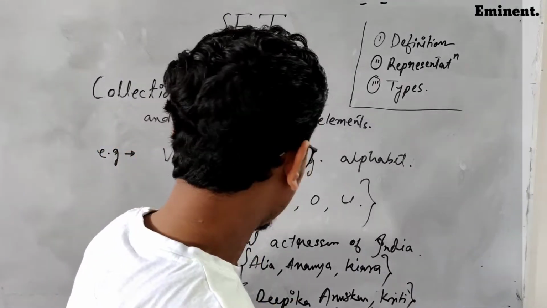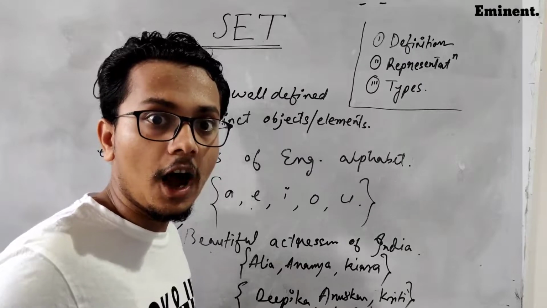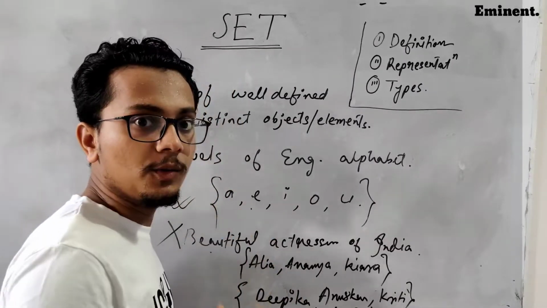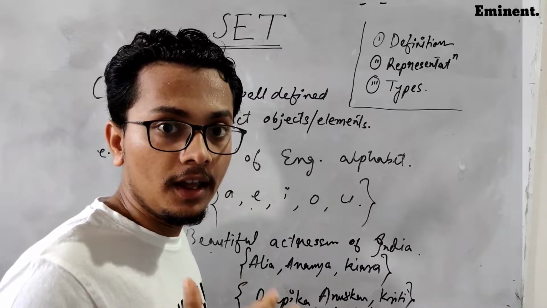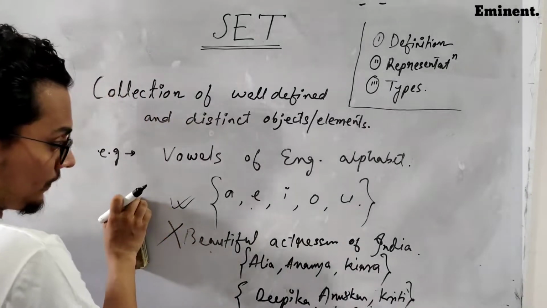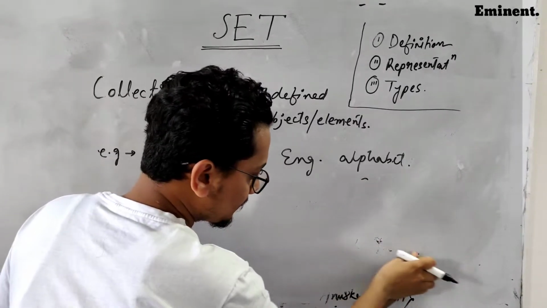Now let me explain why this curly bracket is here and how we can write a set and what exactly the order or arrangement of a set is. Okay.